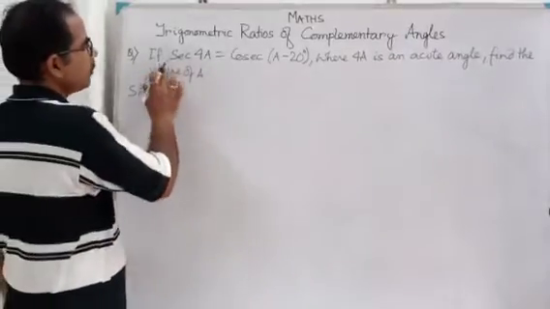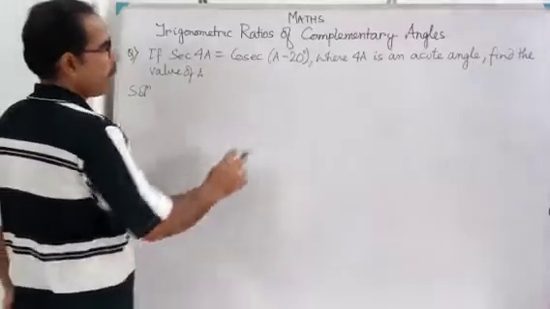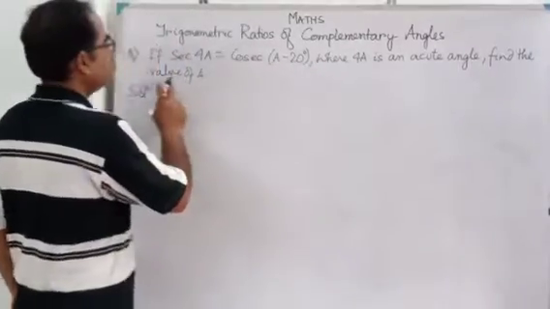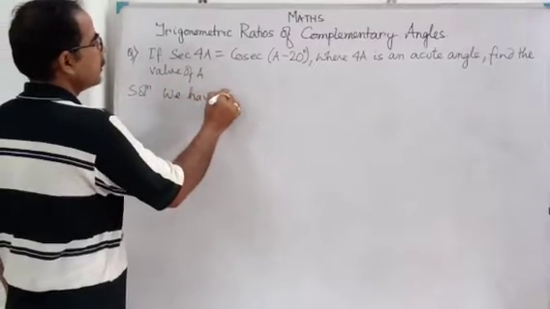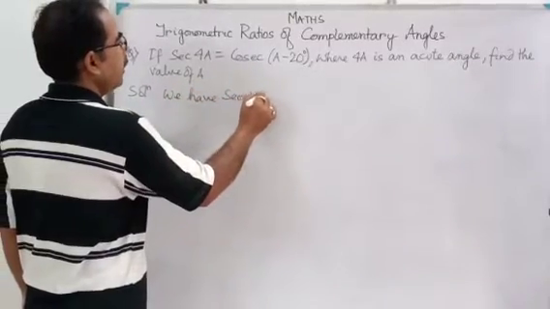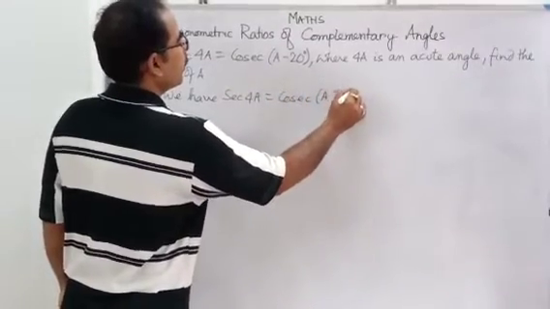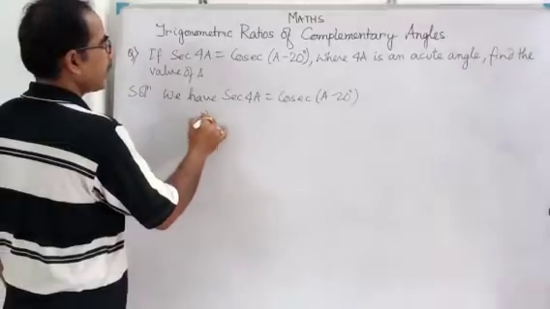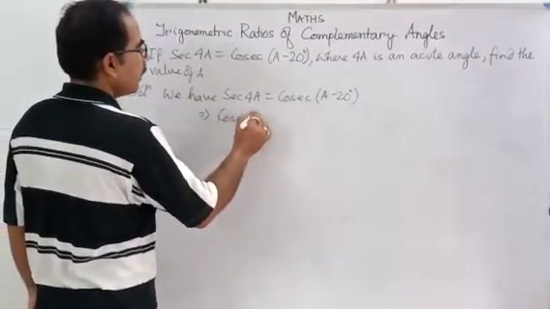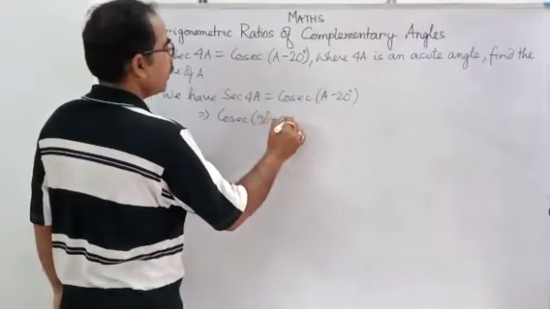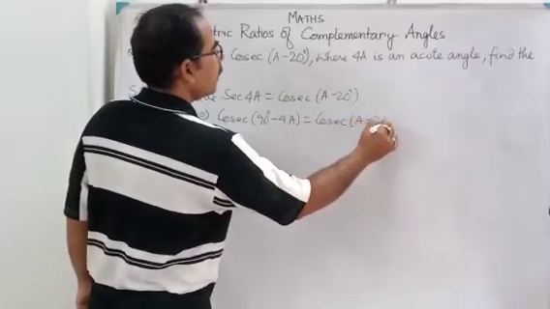Now similar type of maths, I have taken another one. Look at here. If sec 4a equal to cosec a minus 20 degree, where 4a is an acute angle, find the value of a. So we have sec 4a equal to cosec a minus 20 degree. Sec 4a can be written as cosec 90 degree minus 4a equal to cosec a minus 20 degree.